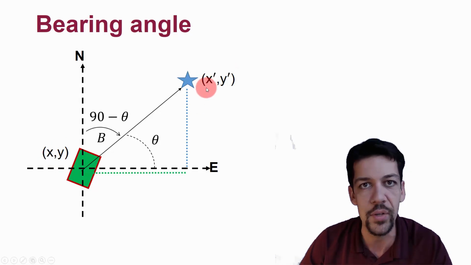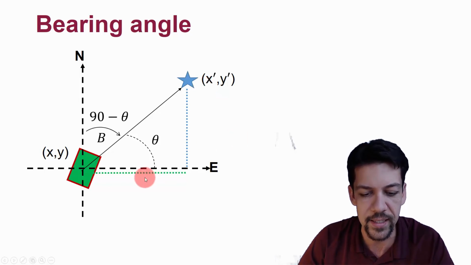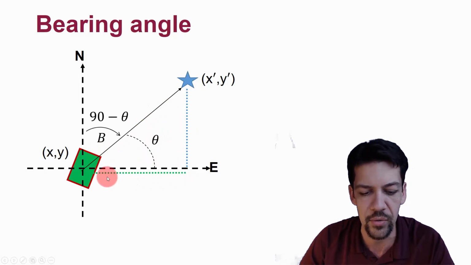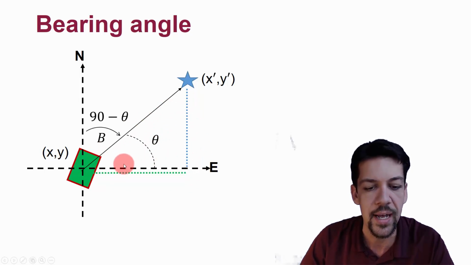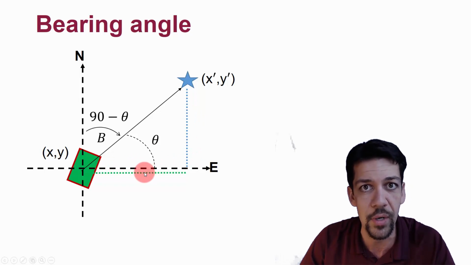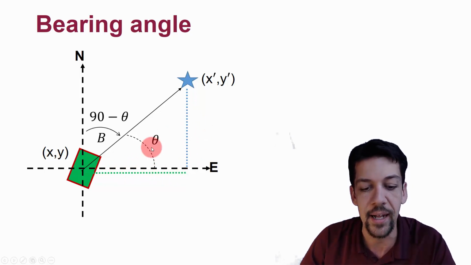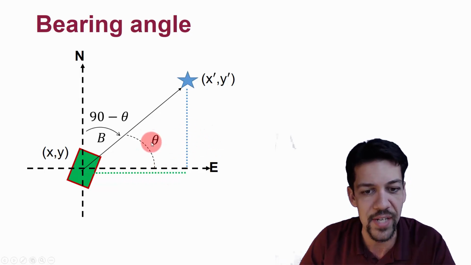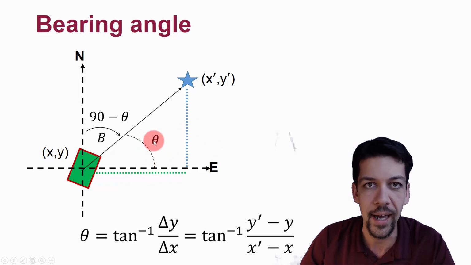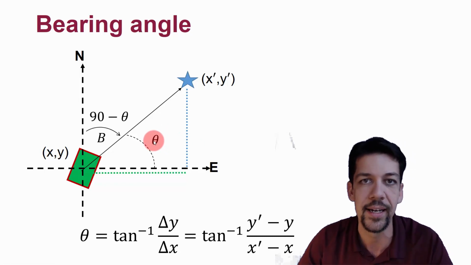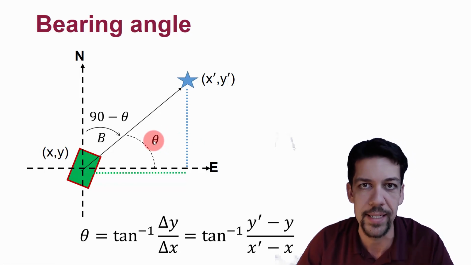Once I know those two things, you can see that this is a triangle. I don't know exactly what the distance is. I could probably calculate that, but it's easier since I just have these two differences. I've got my opposite and my adjacent, so I'll use inverse tangent to get my angle, the bearing angle that I need in order to reach my destination.